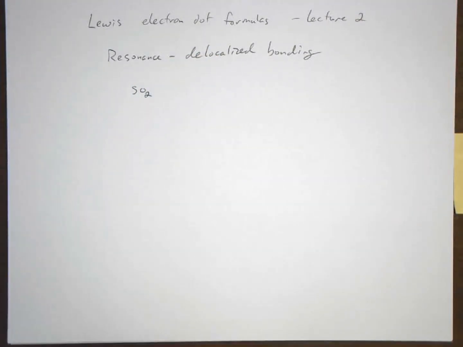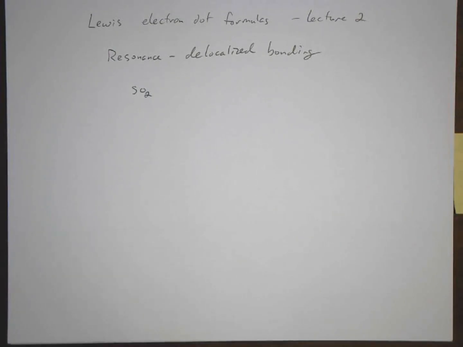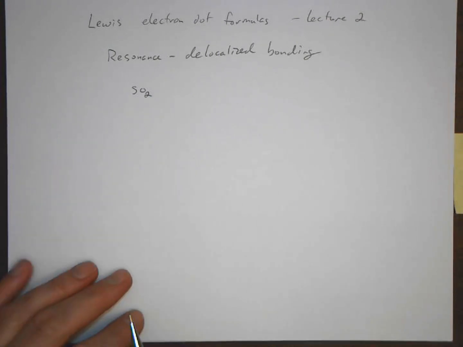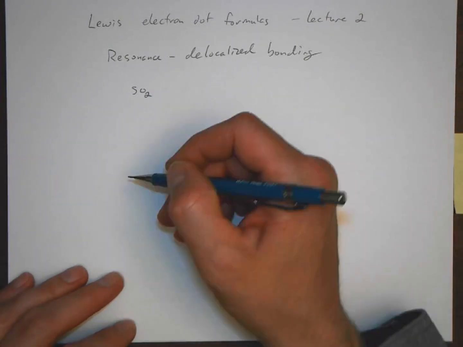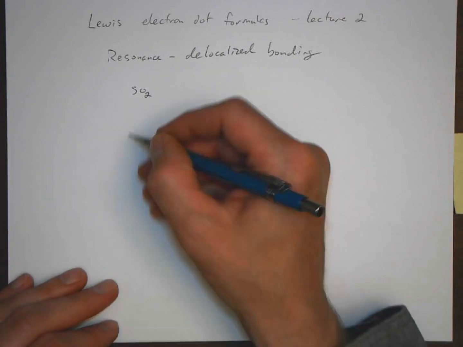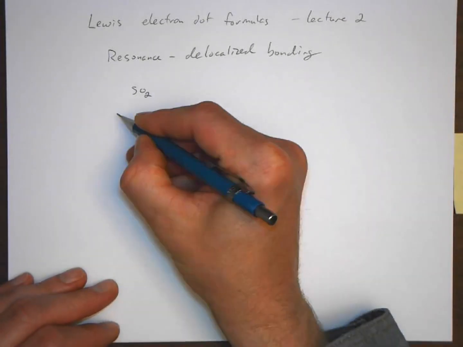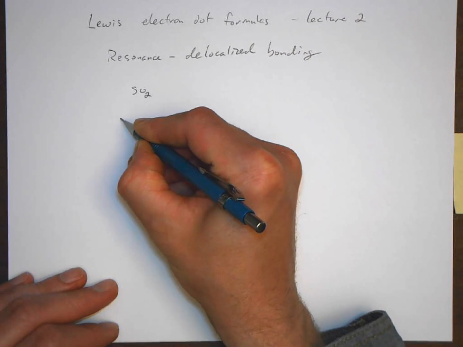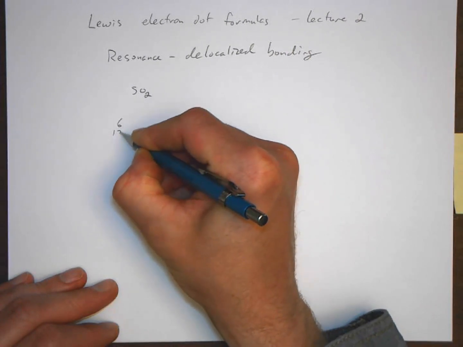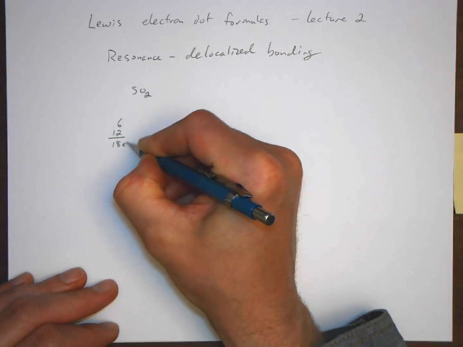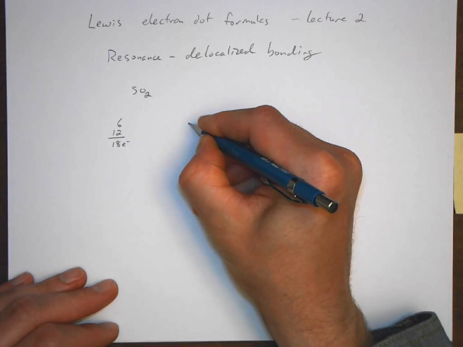SO2, sulfur dioxide. If we have sulfur dioxide, let's use the rules that we looked at last time to draw the best Lewis structure. We have 6 valence electrons with the sulfur, 12 for the oxygens, so we have 18 valence electrons total.